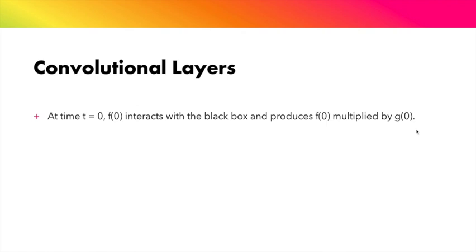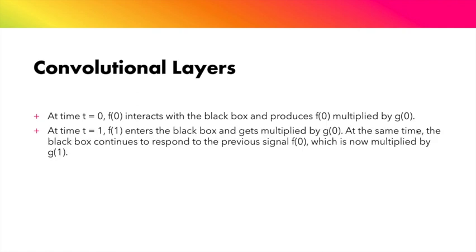At time t0, f0 interacts with the black box and produces f0, and then that is multiplied by g0. At time 1, f1 enters the black box, gets multiplied by g0. At the same time, remember that the black box continues to respond to the previous signal f0, which is now multiplied by g1 because the time has changed.